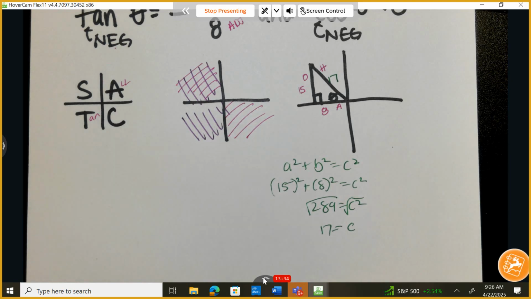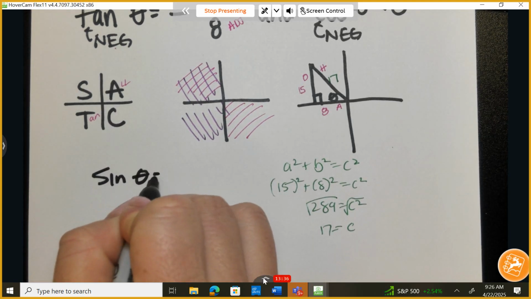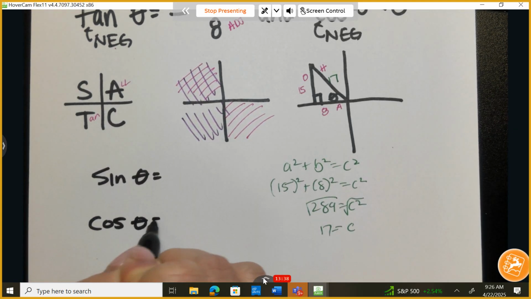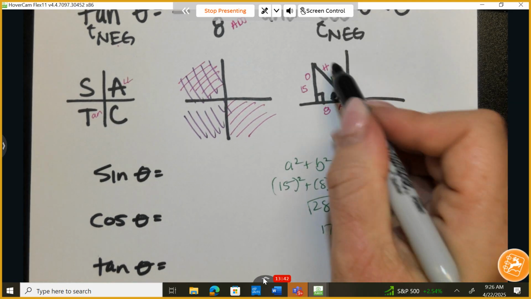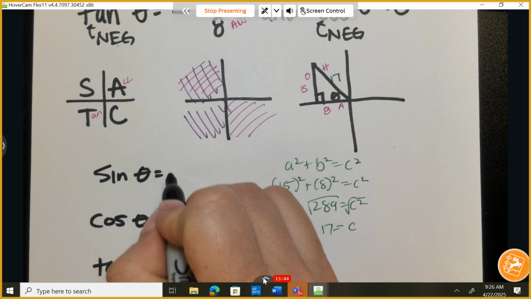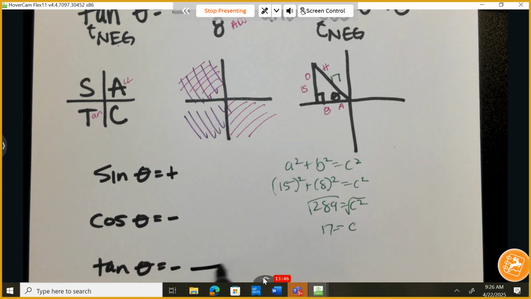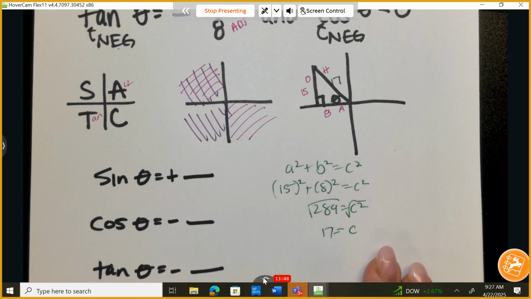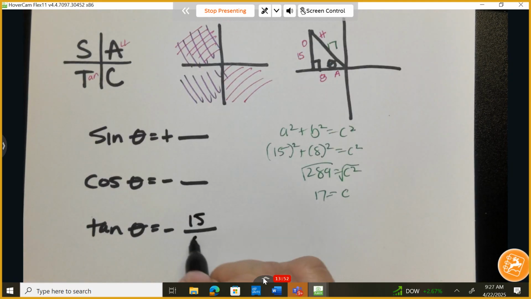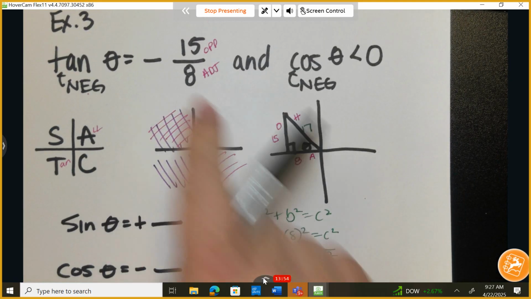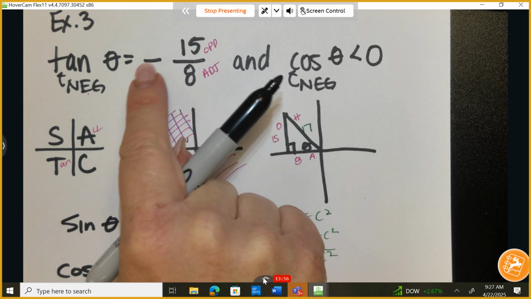Let's go ahead. We got 3 primary trig functions: sine, cosine, and tangent. Keep in mind that in quadrant 2, only the sine is positive. So positive, negative, negative. Now we're going to create those ratios, but we already know one of them is negative: 15 over 8. By the way, a lot of students are going to say, Miss Bradley, when you put the 15 and the 8, why did you not include the negative sign?